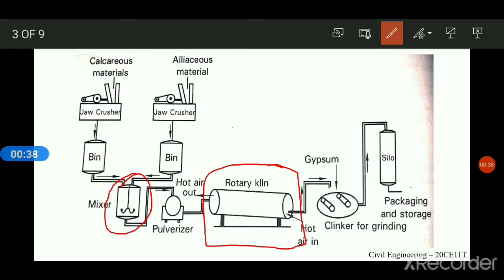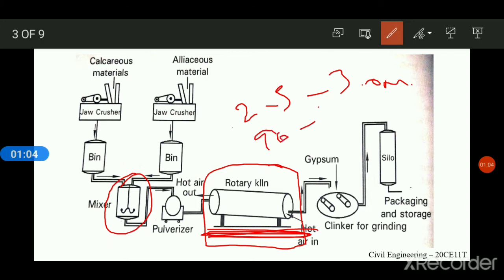Burning is carried out in a rotary kiln, which rotates at 1 to 2 rpm about its longitudinal axis. The rotary kiln is a steel tube having a diameter of about 2.5 to 3 meters, and its length varies from 90 to 120 meters.